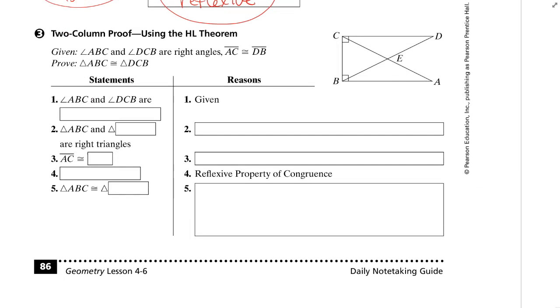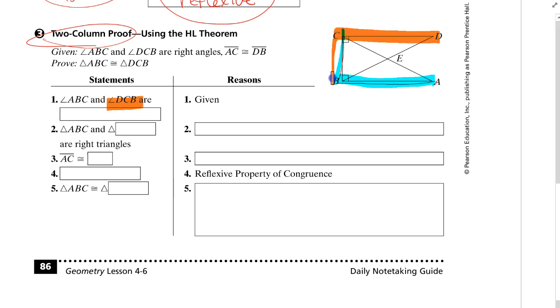Two-column proof. Great, another HL theorem proof. My favorite kind, of course, is the two-column. So ABC, first let's read the givens. Angle ABC and angle DCB are right angles.